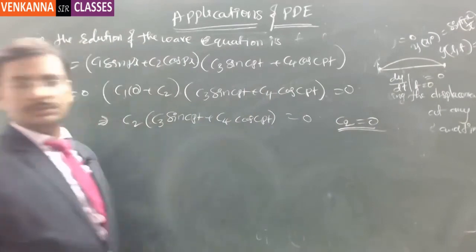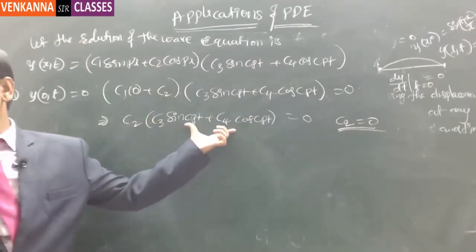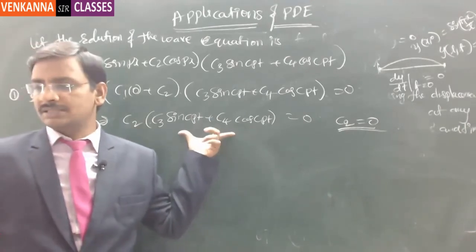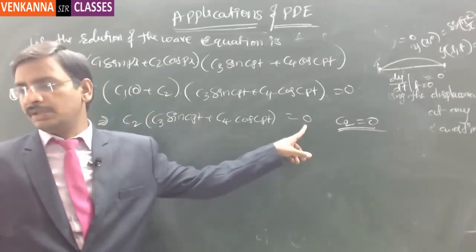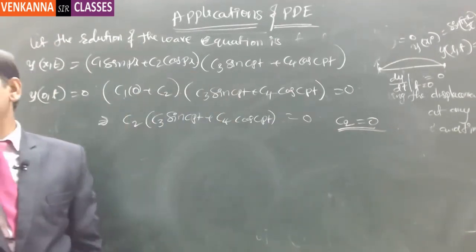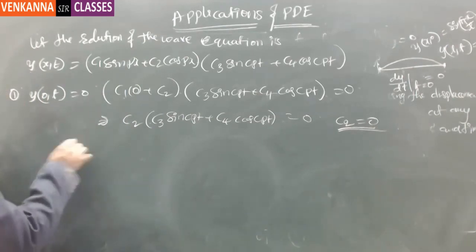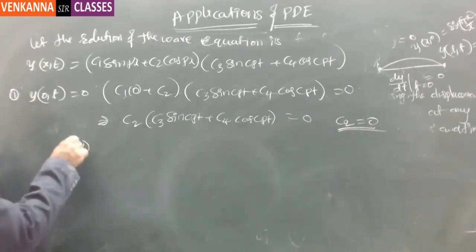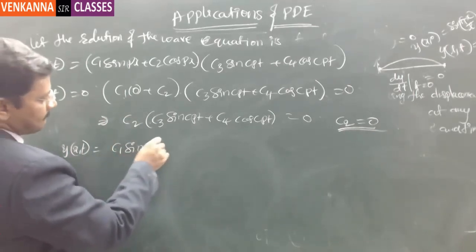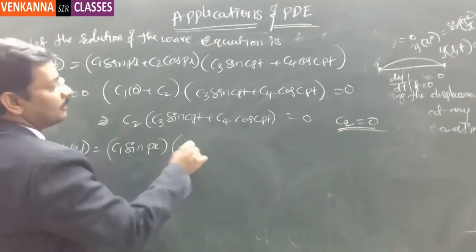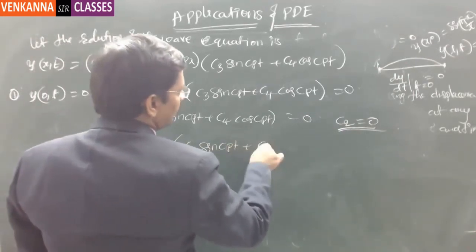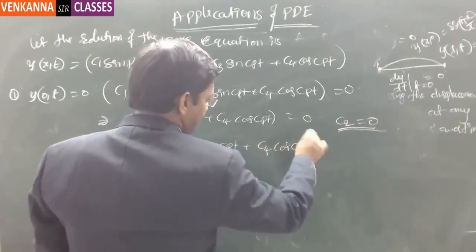Correct or not? Because this is independent of x, the only possibility is that c2 is 0, so that the result is 0, because the condition is y of 0 comma t equal to 0. So c2 equal to 0, and then the solution y of x comma t will be c1 sin px multiplied by c3 sin cpt plus c4 cos cpt.